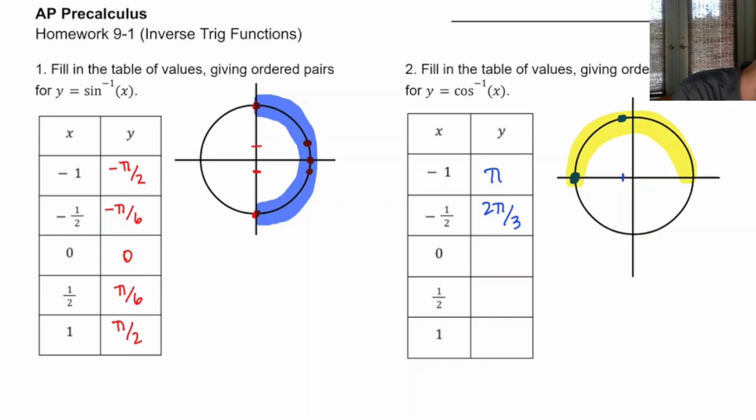Then where is cosine equaling 0 on the unit circle? Right there at the top, that is pi divided by 2. Where is cosine equaling 1/2? That would be over here, the last one before pi over 2, that's pi over 3, a 60-degree reference angle. So pi over 3. And where is cosine equal to 1? At the far right edge of the circle, where theta equals 0.